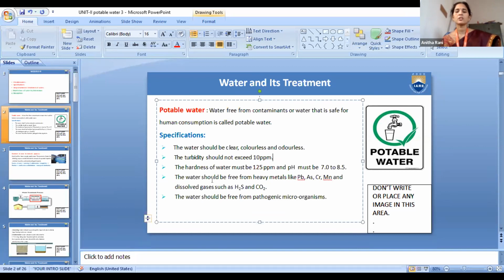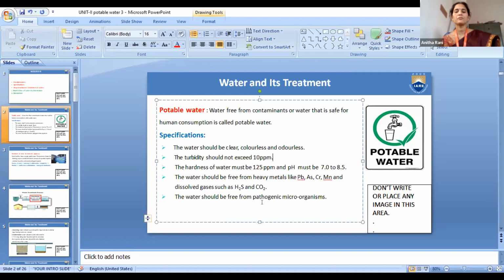Remember, the water should be free from heavy metals like lead, arsenic, chromium, and manganese. There should not be any heavy metals in drinking water, and no dissolved gases like H2S and CO2.